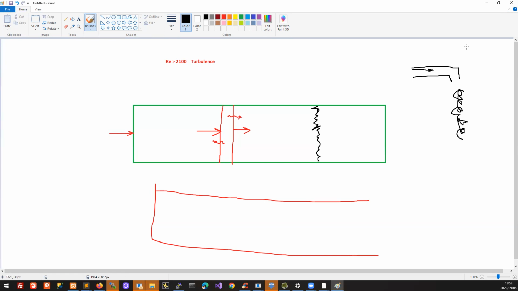Whereas if in the same tap you use a lower flow rate, so you don't open the valve fully, then you get this kind of laminar appearance here. You can use the Reynolds number to detect when you get this onset of turbulence. So beyond a certain velocity, you see the onset of turbulence here.